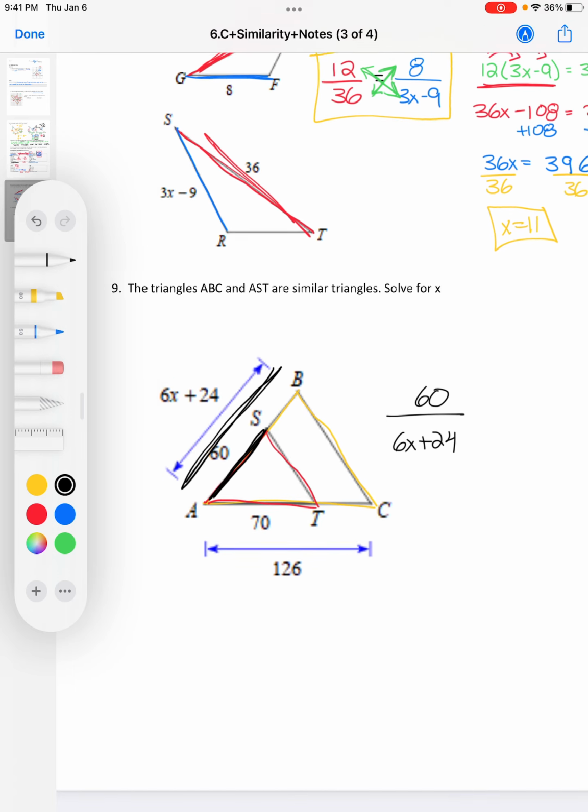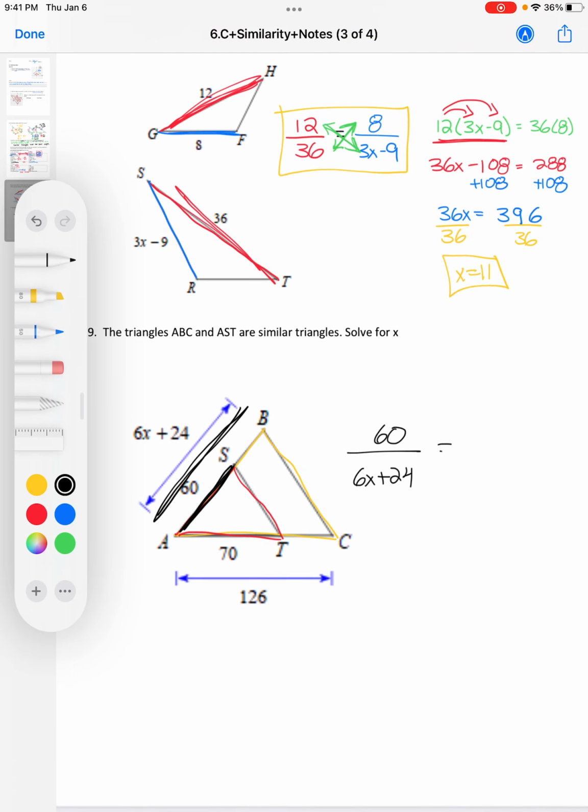Those are going to be similar. We got to see what factor they times by. And that equals 70, which is our smaller triangle, which has been dilated or times by a factor to get to the distance of 126. Okay? So we use our cross multiplication.